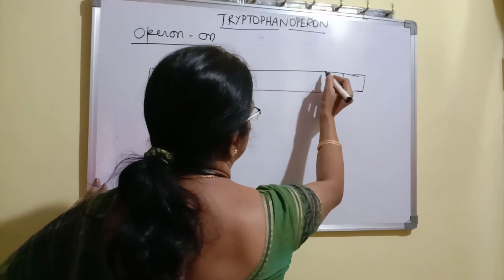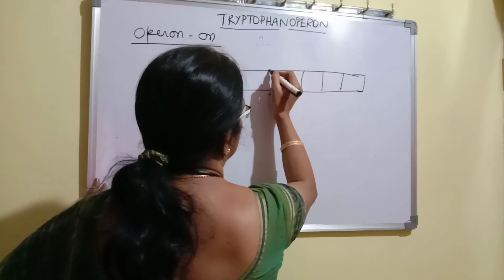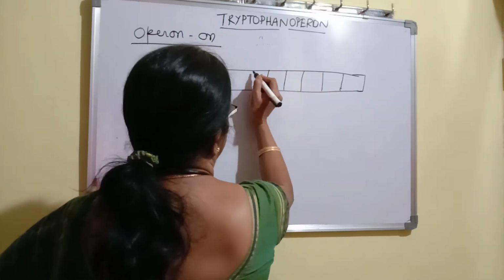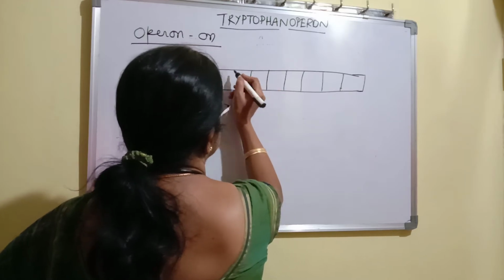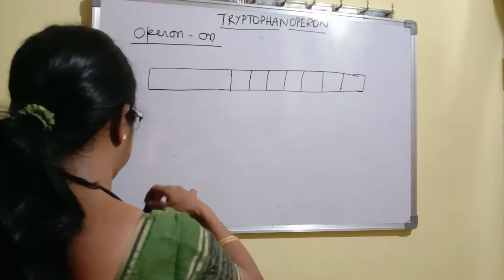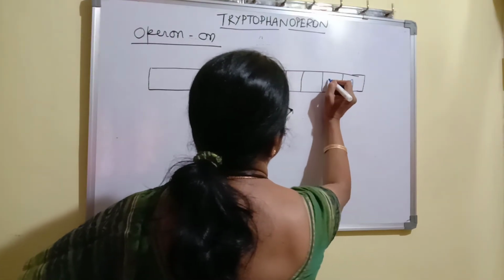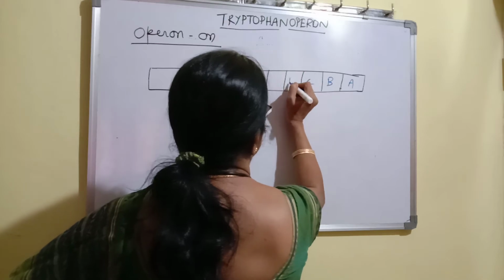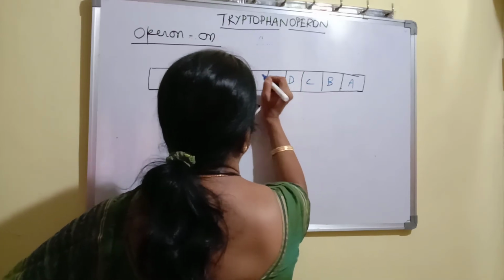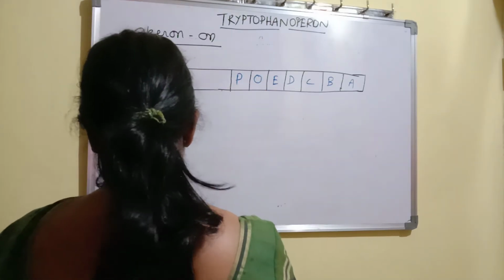So this is the first, second, third, fourth, fifth gene. And this is the operator and this is the promoter. So let me write it here. This is A, this is B, C, D and E. This is the operator and this is the promoter.